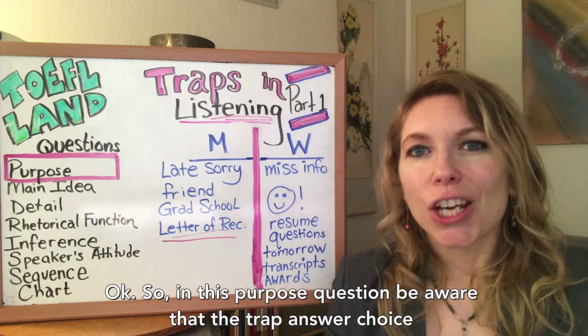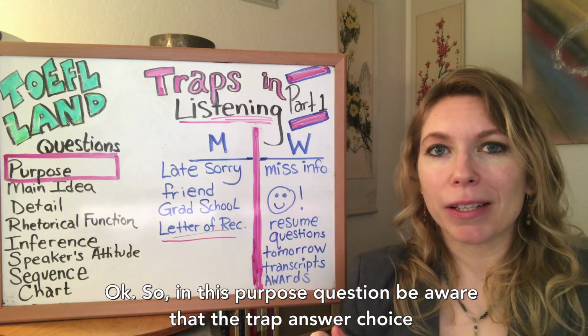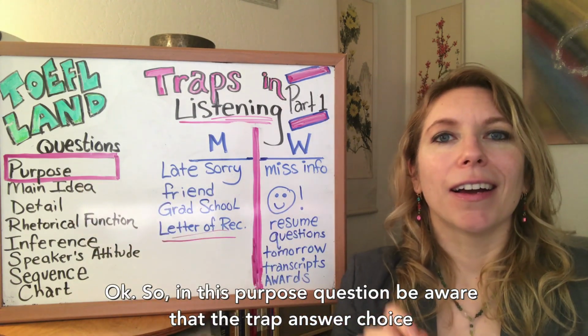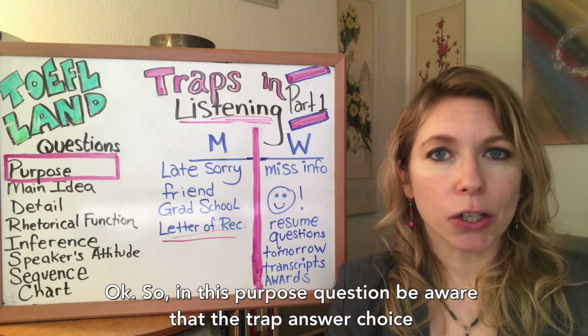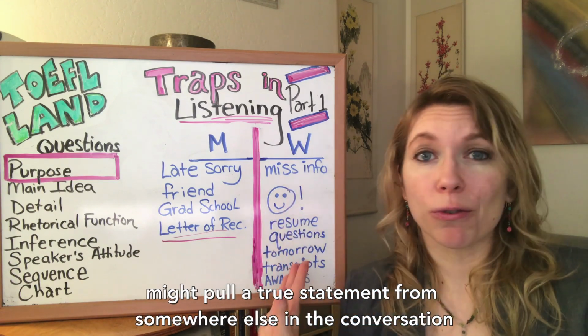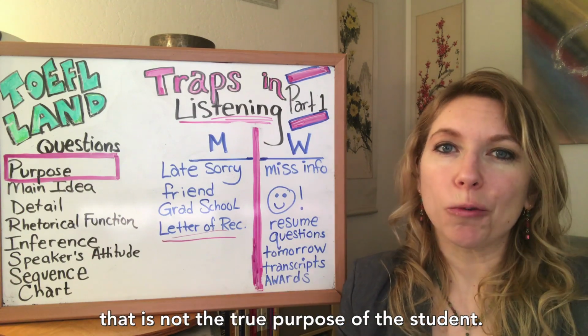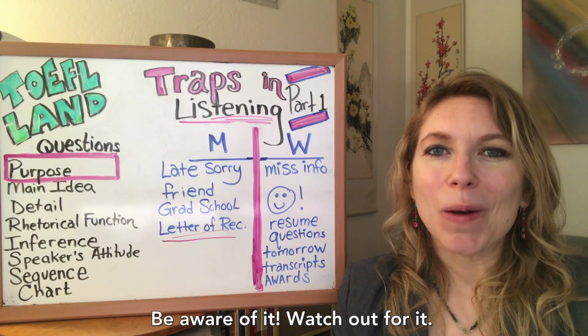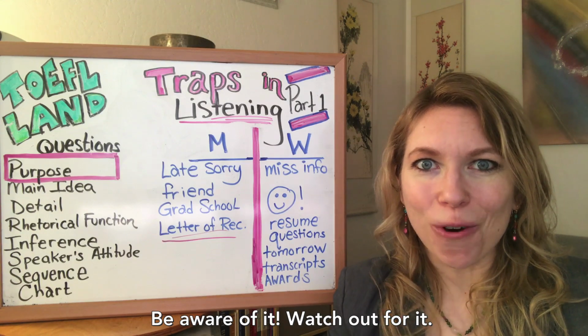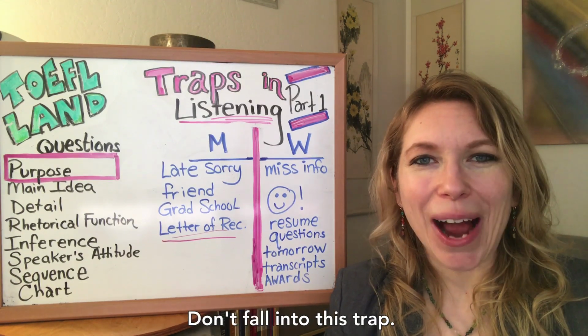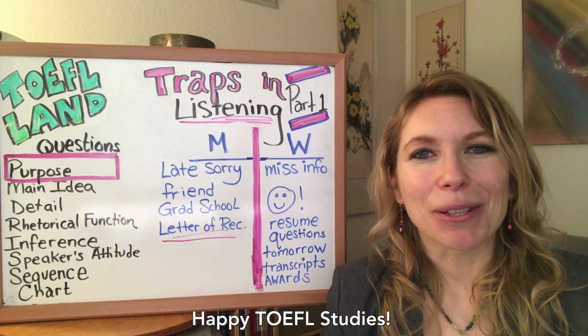Okay? So, in this purpose question, be aware that the trap answer choice might pull a true statement from somewhere else in the conversation that is not the true purpose of the student. Be aware of it. Watch out for it. Don't fall into this trap. Happy TOEFL studies.